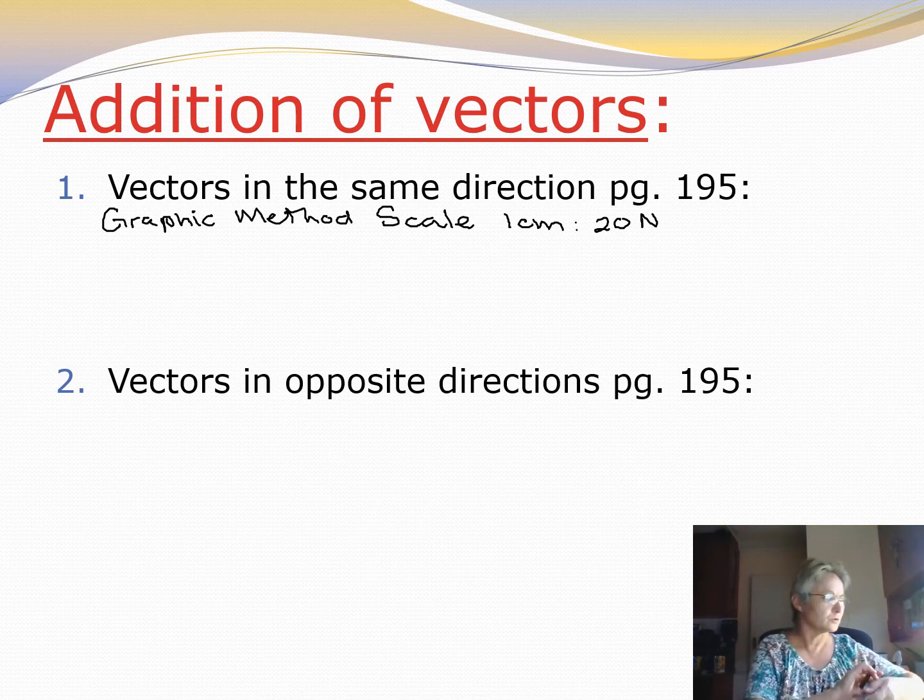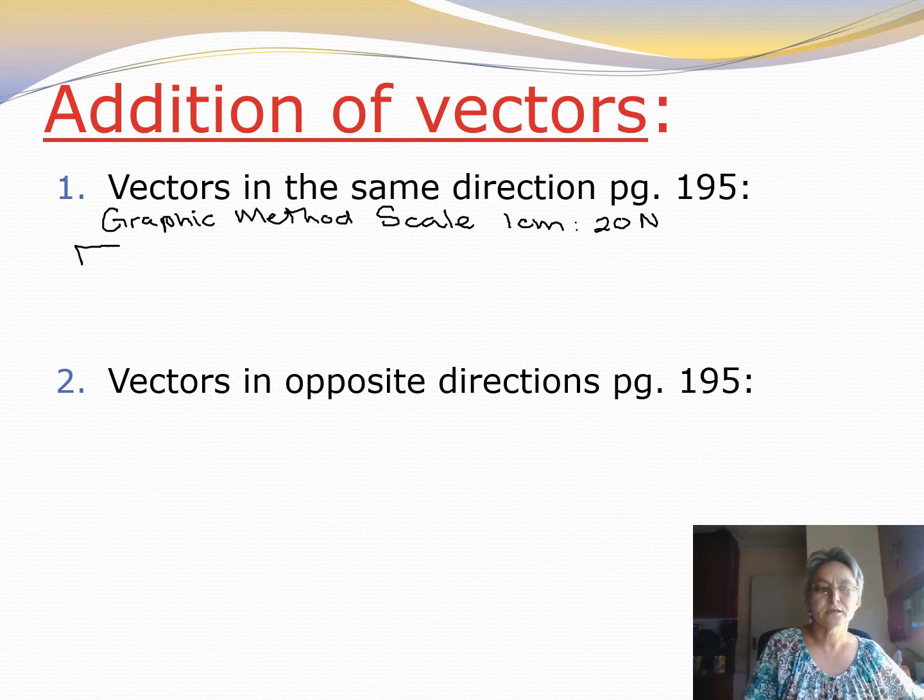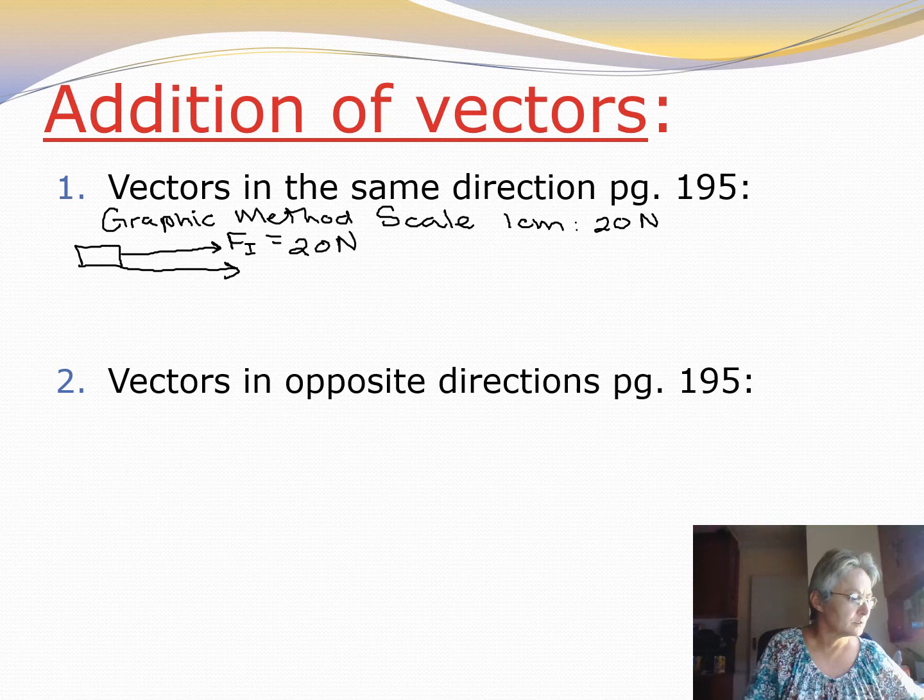It's always good to draw a rough diagram, and I'm going to draw it here. So you've got a force of Ibrahim, Fi, and that is 20 newtons to the right, and the force of Rafat is 50 newtons to the right, so Fr is 50 newtons to the right.